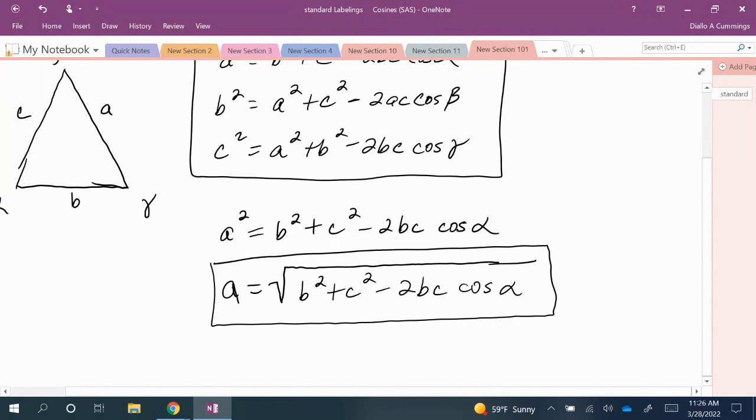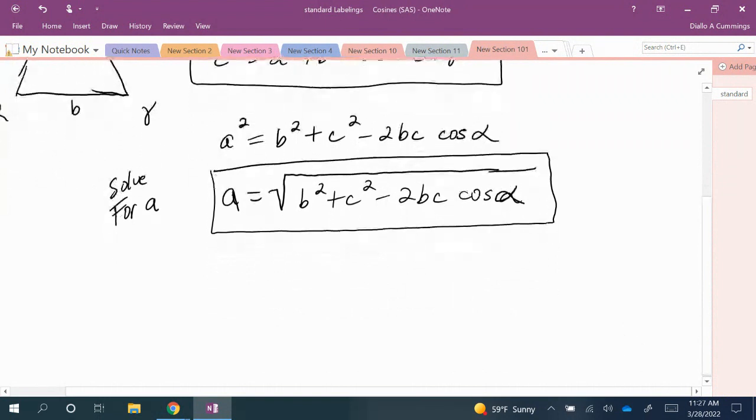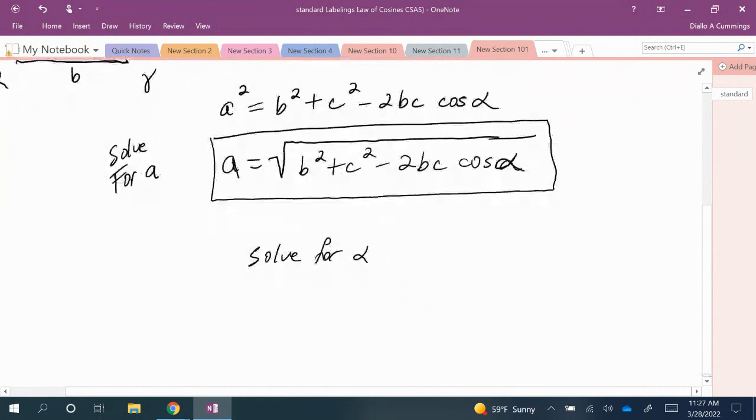I could also take this formula and solve it for angle alpha. Here I solved for a, and here I'm going to solve for alpha. I'll actually derive the first formula, but I'll just write out the other formulas.